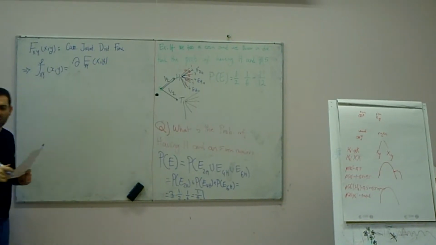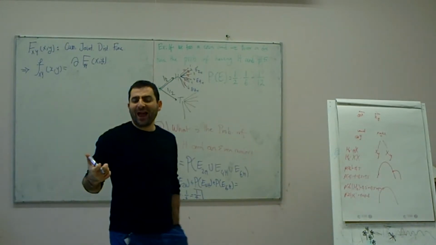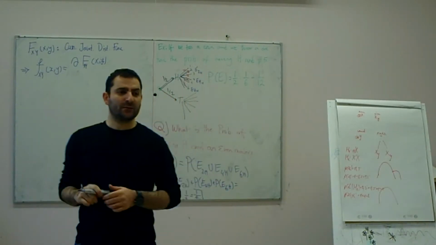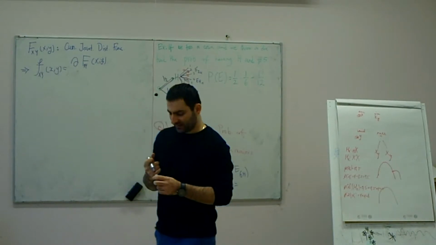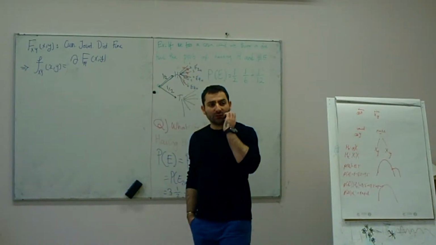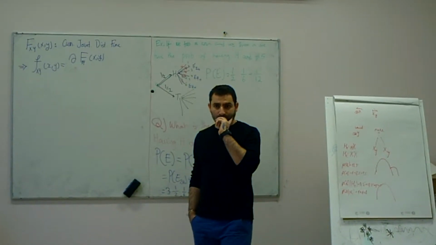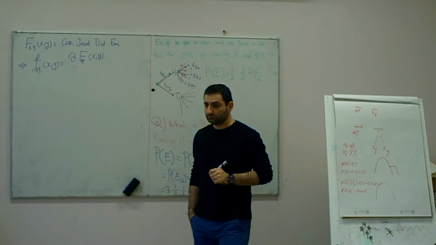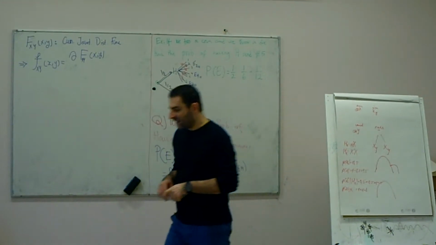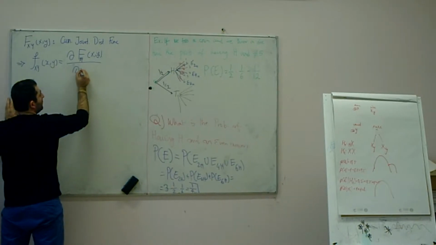Now, question. If we had F of x, we would find the derivative with respect to x. Right now we have F of x and y. So what do we have to do? Find the derivative with respect to x and with respect to y.